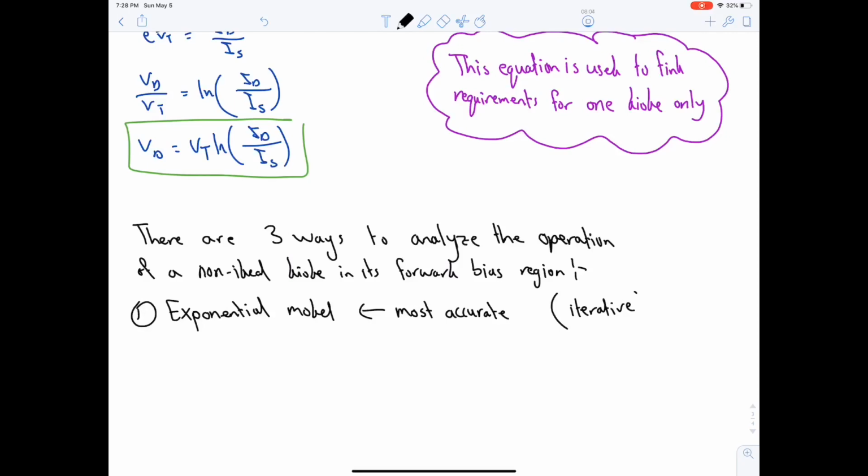The second one, which is the most commonly used and the simplest, is the constant voltage drop model. The third and the last is the small signal model, where there is an AC component superimposed on the DC component.